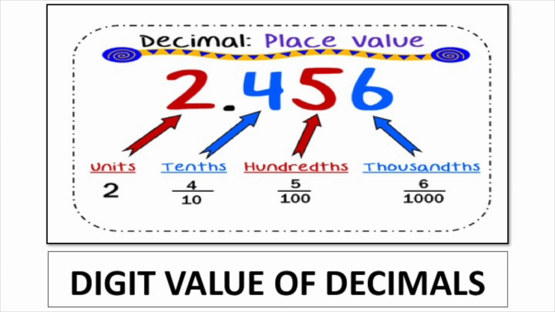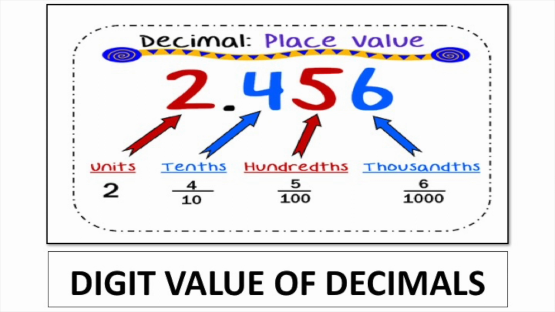So let's take a look at our PowerPoint presentation about digit value of decimals. In the picture on the front page, we can already see the place value. The place value is what we know already, such as tenths, hundredths, and thousandths.